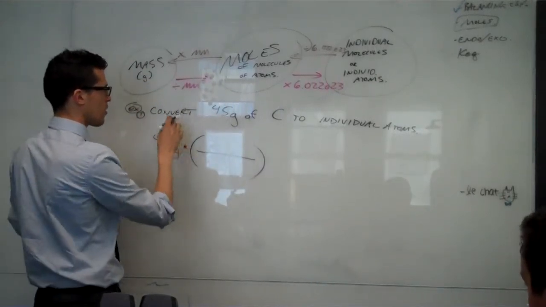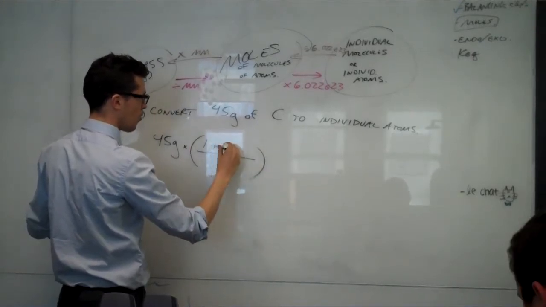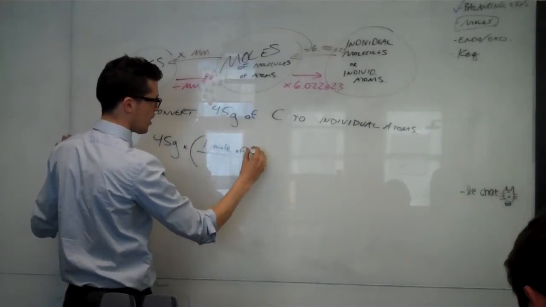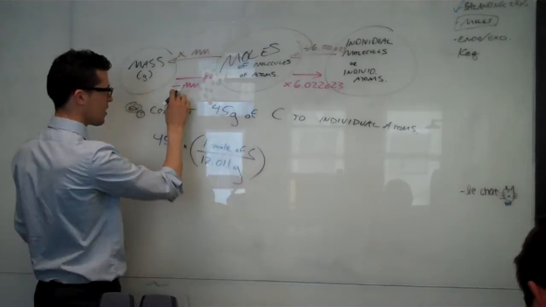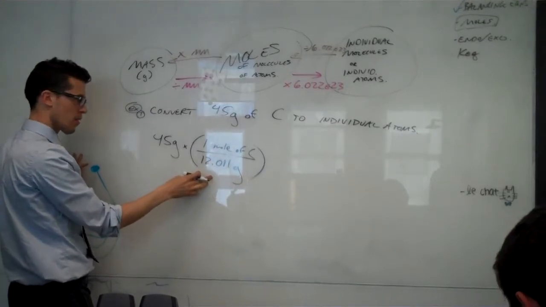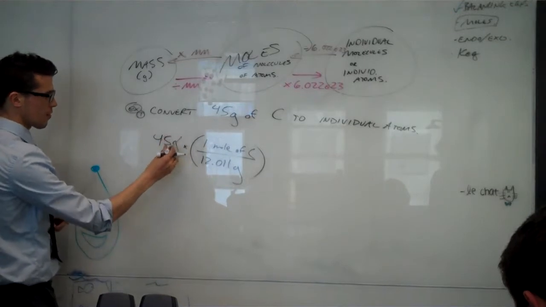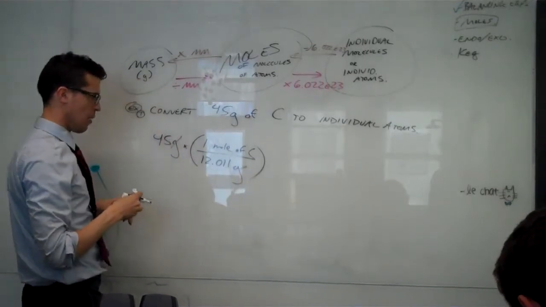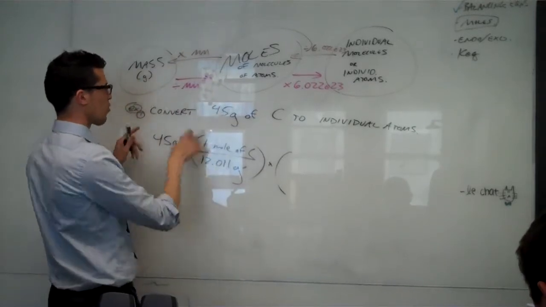The conversion factor is going to be 1 mole of C over 12.011 grams. Now that is the molar mass. So in a sense, you are dividing by the molar mass here. Which will then cross off the grams. So the grams are now cancelled.